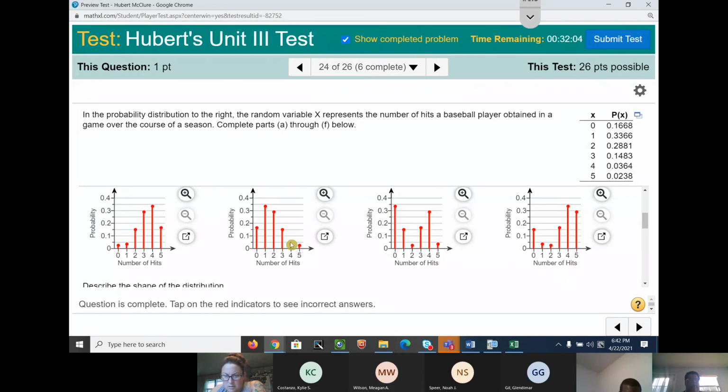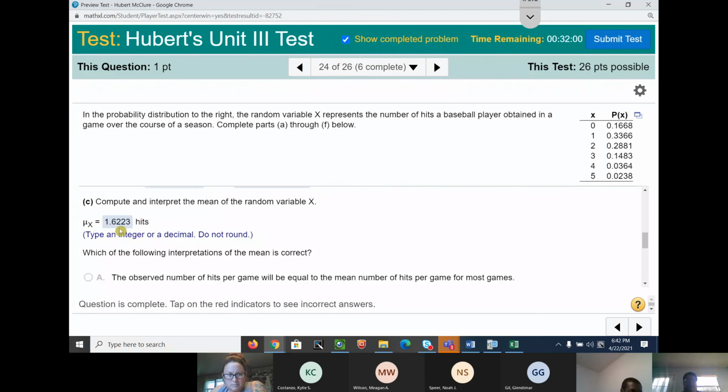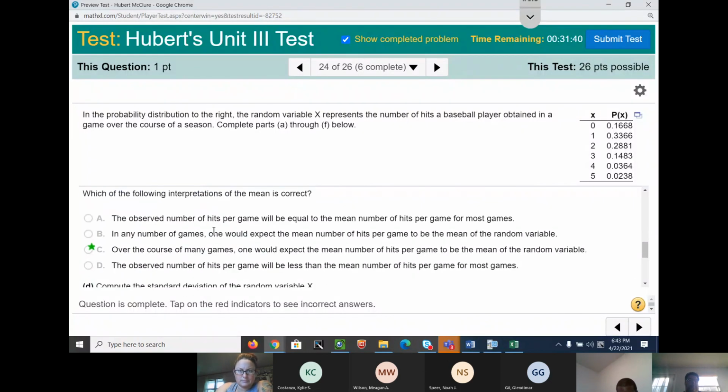Okay, I'm not gonna worry about it. 1.6223. Okay, now see, that's wrong, because what does it say? It says do not round, and it rounded. So that would be a point for you. If you went 1.6252, that would be okay.